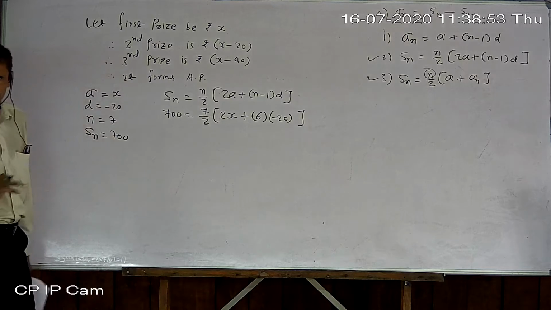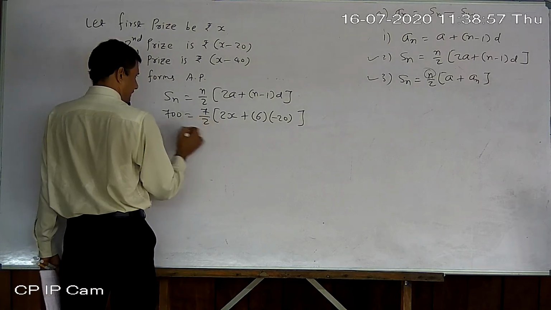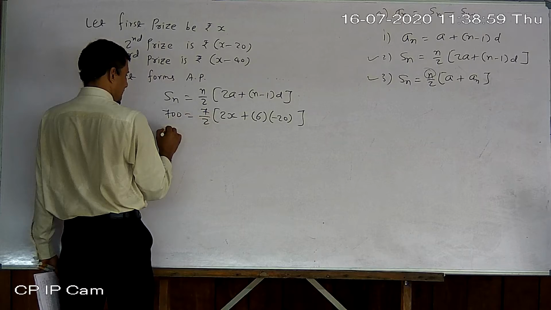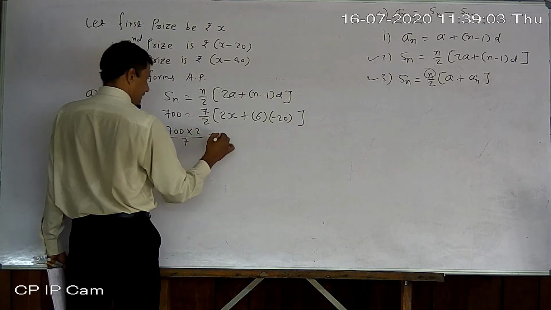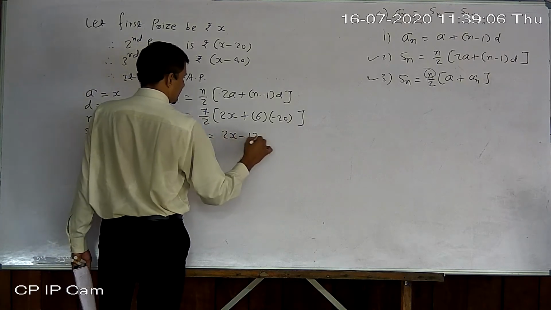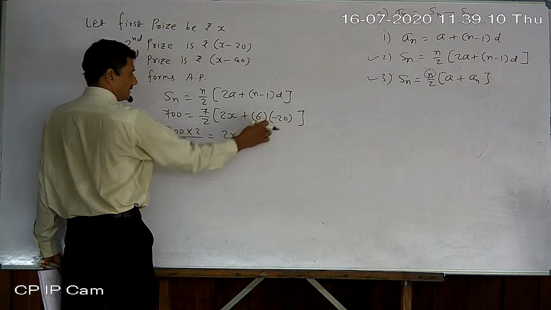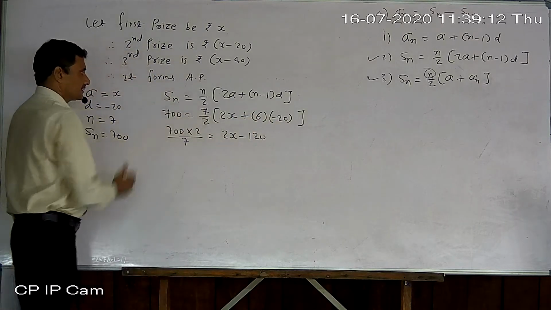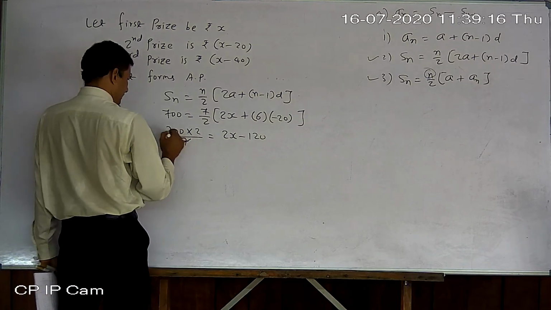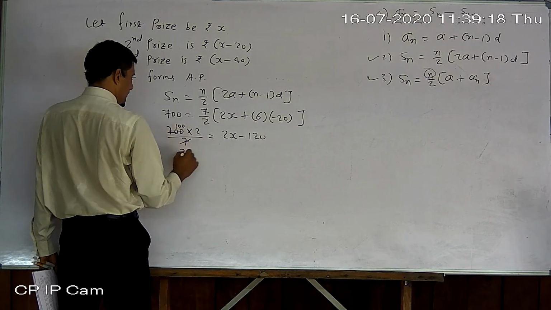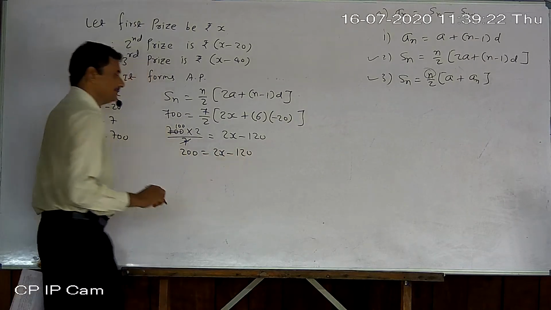All values are placed. Now put them here. So 700 into 2 upon 7 is equal to 2x minus 120. 2x, 2 sixes are 12, 120, plus minus minus. This coefficient is shifted towards the left side, so it is 7 into 100. So 200 equals 2x minus 120.